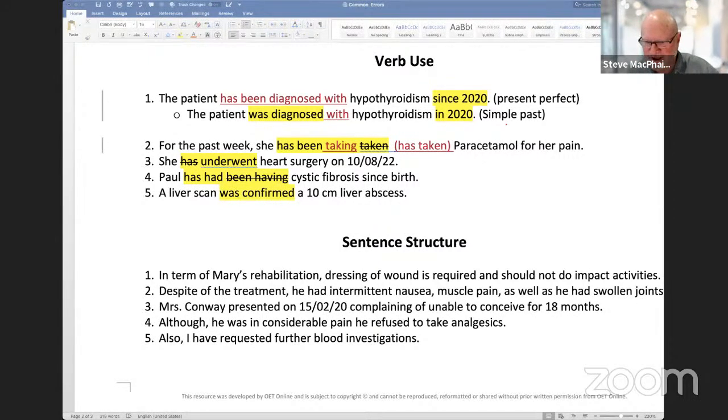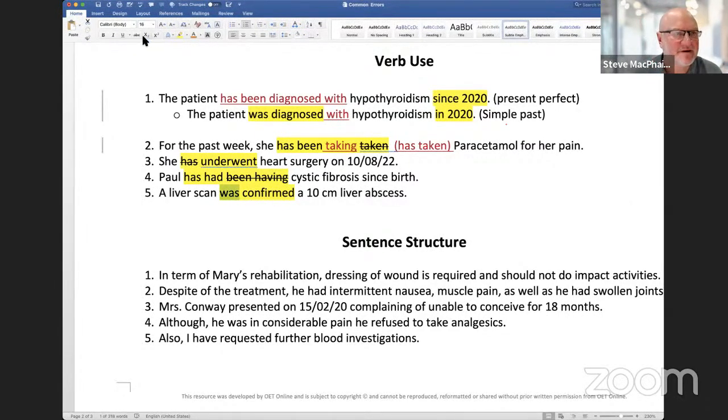Looking at your answers coming through. A liver cancer was confirmed. This is tricky. We've got to think about our subject here. Confirmed, yes, without was.